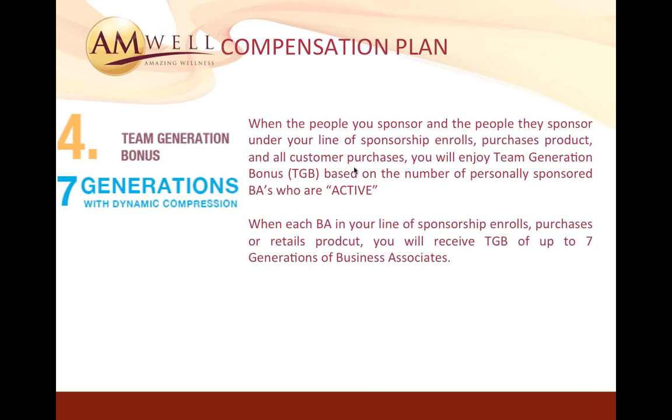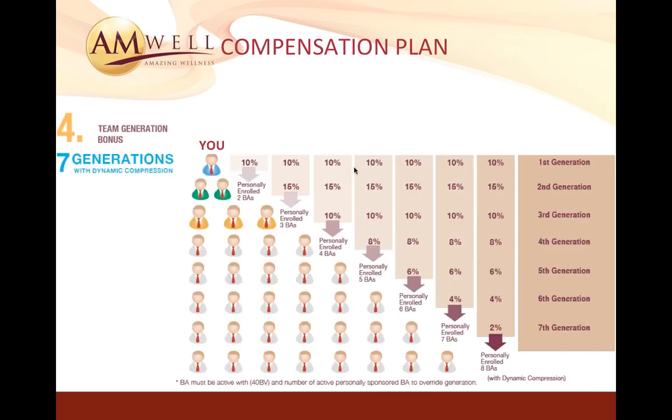So what this is saying is everybody who is in your line of sponsorship, if I were to sponsor someone and that person was to then sponsor somebody else, and it goes on down the line, depending on your qualifications, you will earn a team generation bonus based off of all unilevel purchases. And this has potential to go down 7 generations with dynamic compression.